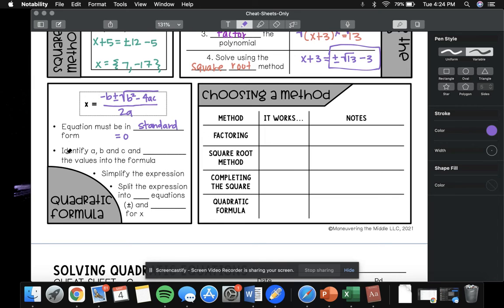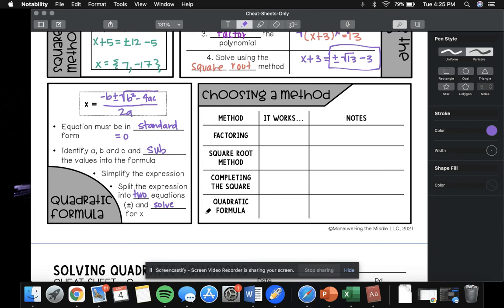Then I like to make sure we know what the a, b, and c values are, and then we just substitute those values in and simplify. It's a lot of math and a lot of simplifying, and then we get down to 2 problems. Split the expressions into 2 equations because we have a plus or a minus, and solve for x.